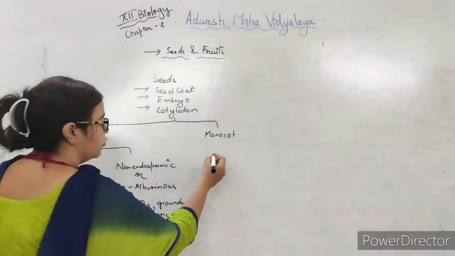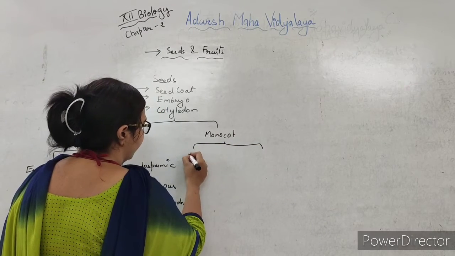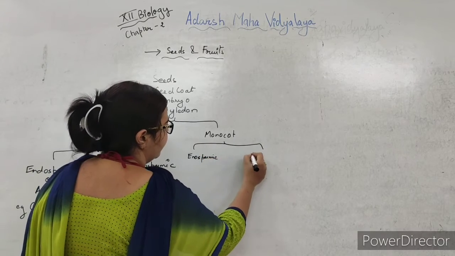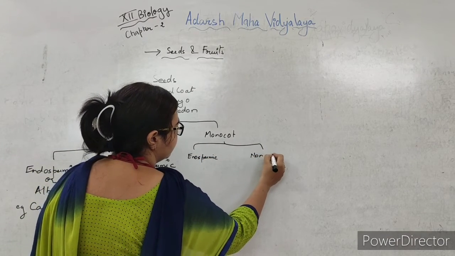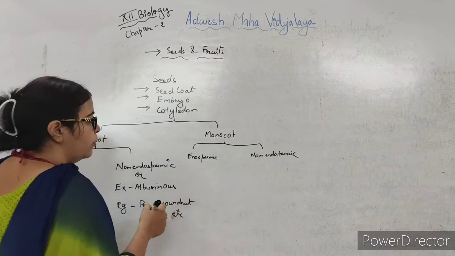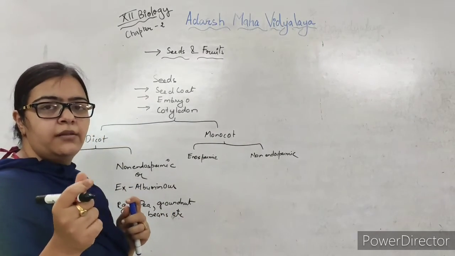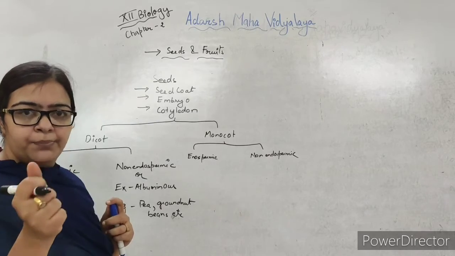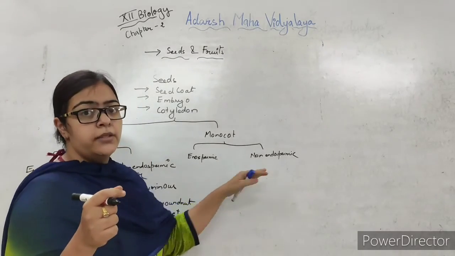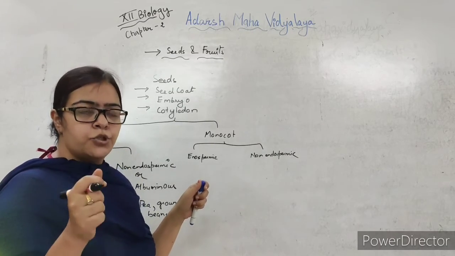Now when we talk about monocots, we also have two types, which is endospermic and non-endospermic. Here in the monocot, when we see the cotyledon of a monocot, it's very thin and papery. And they are also not having endosperm, so the germination period of that particular plant will be very short.